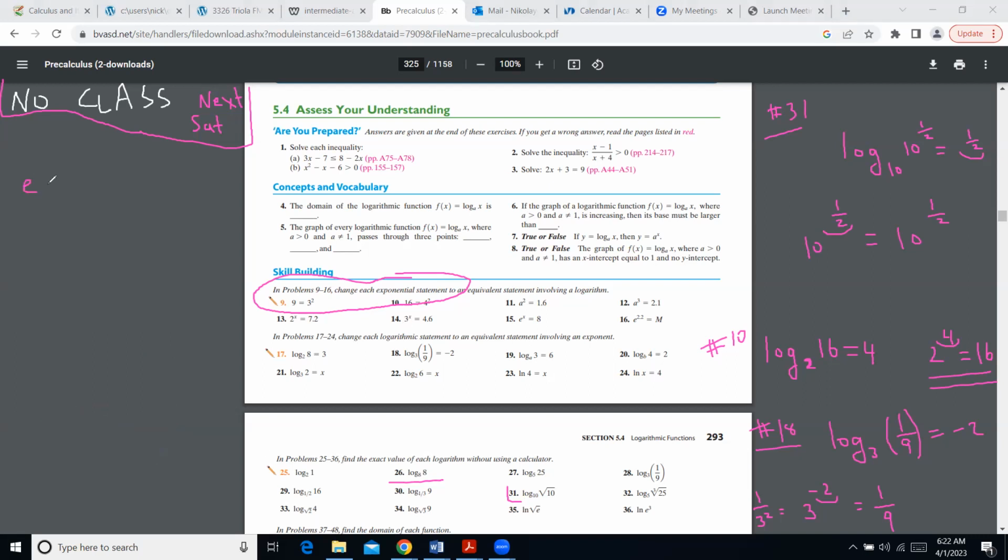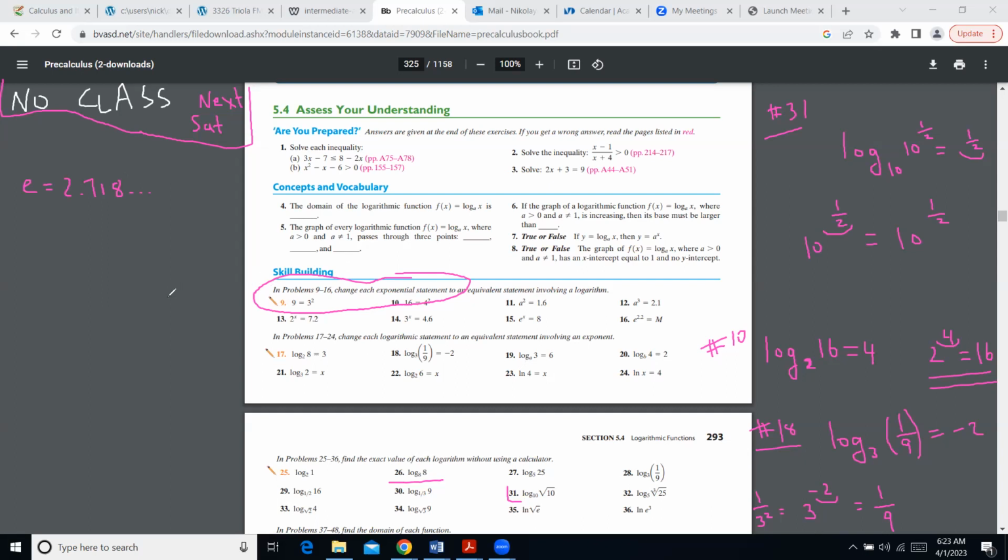E is 2.718, etc. It's just like number pi. Remember 3.14 something? But it's called irrational number, so it's an infinite number. And it's called as E.